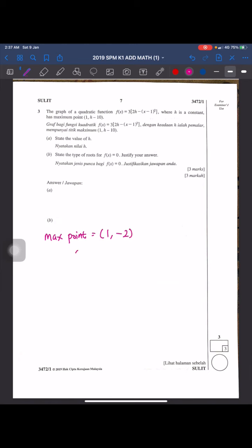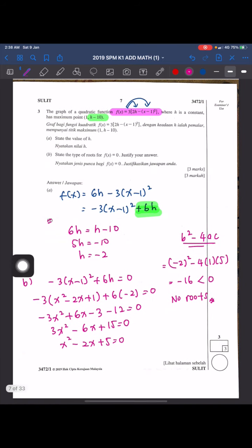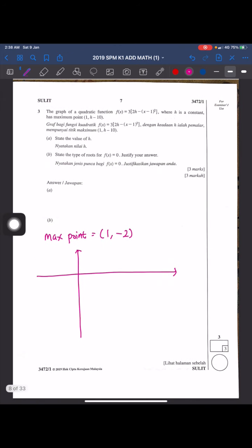Bila kita sketch, di sini tadi A, saya dah tahu negative 3, negative. So maksud dia, dia maximum macam ni lah. So this is the maximum point, which is (1, negative 2).